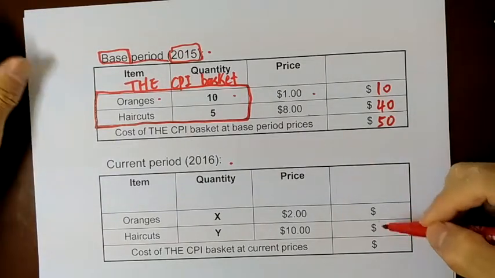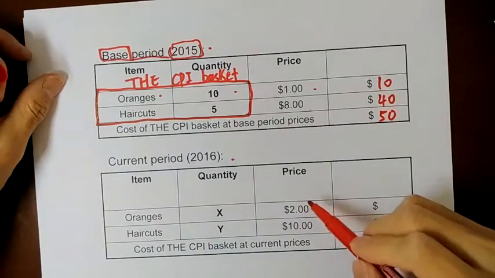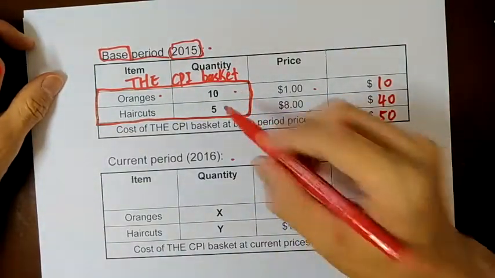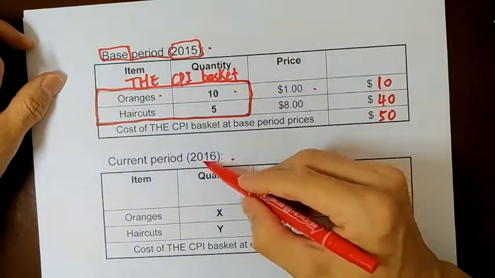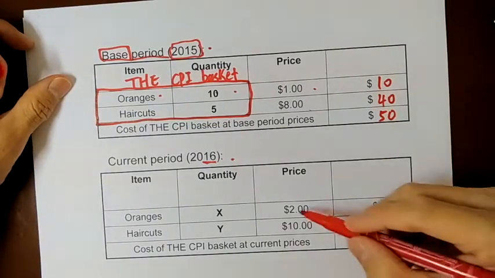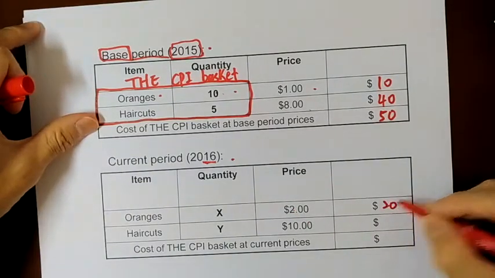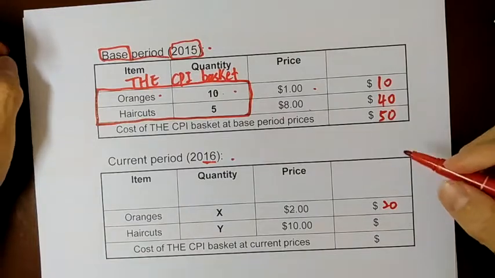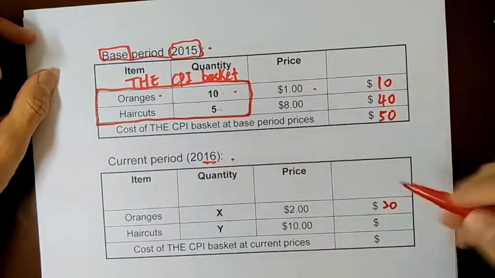Now, how about in 2016? If you want to buy this basket, that is, if you want to buy 10 oranges in 2016, how much money do you have to spend? The answer is 10 oranges, $2 each, that is $20. Then how much do you have to pay to buy 5 haircuts in 2016?